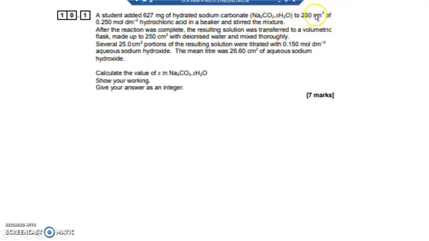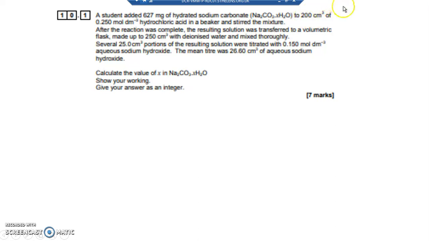I've been given a volume of hydrochloric acid and a concentration. It wants me to work out moles. Let's do that first of all. Concentration 0.25 equals moles divided by volume, but the volume's got to be in decimetre cubed, not centimetre cubed.